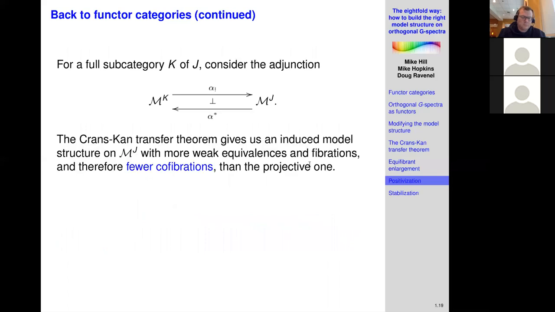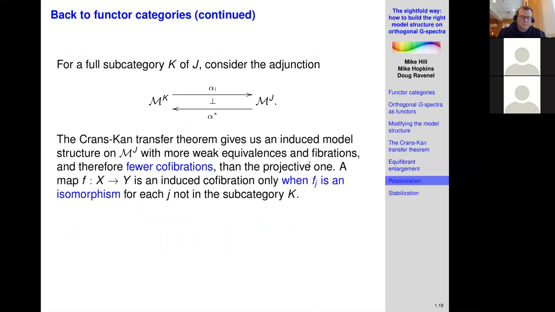There are fewer cofibrations, and here's what has to happen with a cofibration. A map F from X to Y is an induced cofibration only if F_j is an isomorphism on components that are not in the subcategory J. So it's much more restrictive.